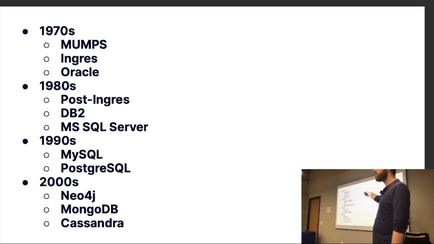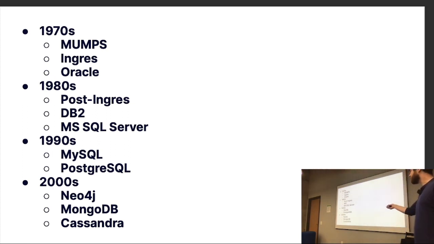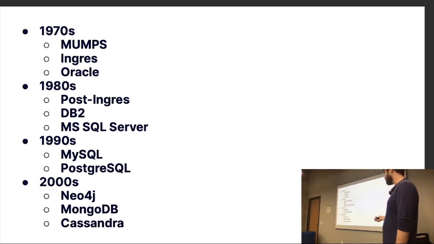You get Ingres and Oracle, early relational databases. In the 1980s, you get Post-Ingres, DB2, Microsoft SQL Server. In the 1990s, you get MySQL and finally PostgreSQL. In the 2000s, we start seeing some non-relational databases like Neo4j, MongoDB, and Cassandra.